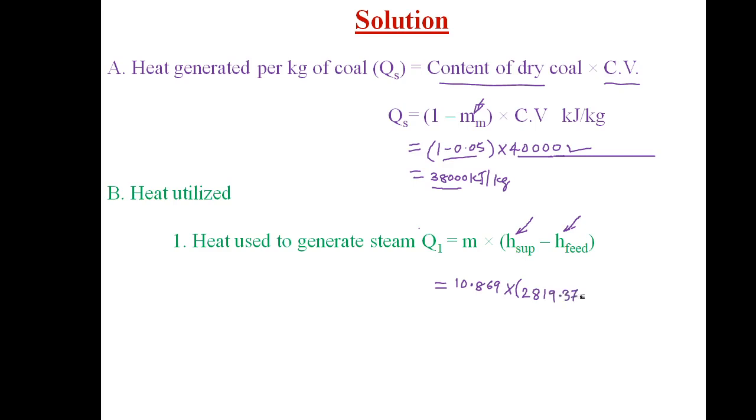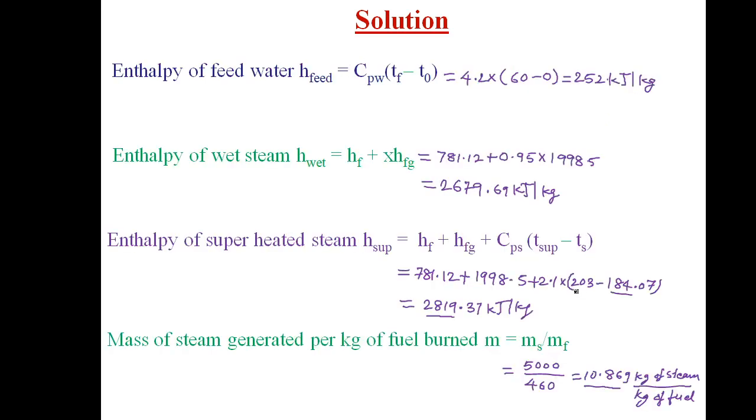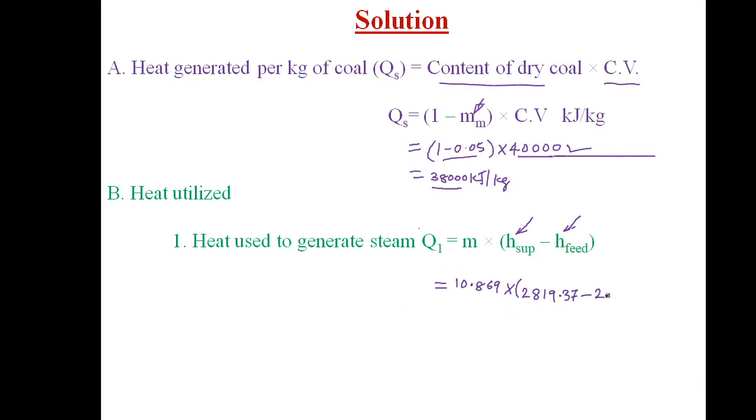2819.37 minus enthalpy of feed water. Enthalpy of feed water we have also calculated as 252 kilojoules per kg.